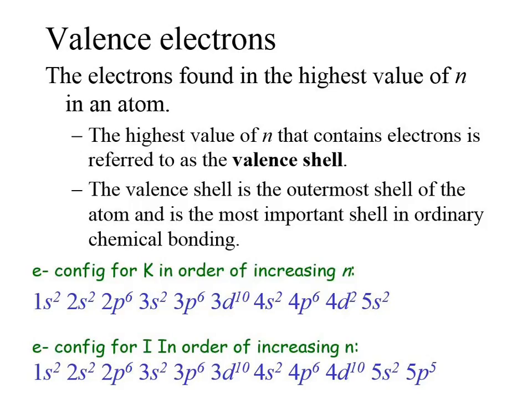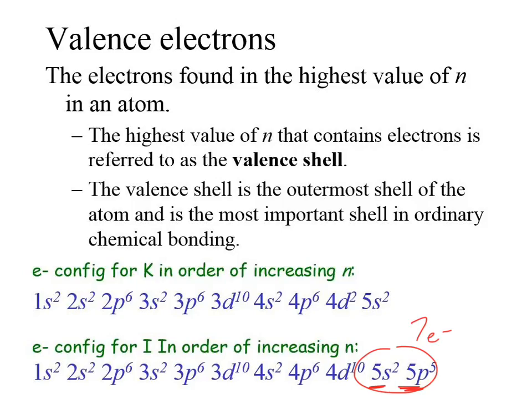What's our highest n? The principal energy number, 5, yep. So how many electrons there? 7. Yep, 7 valence electrons.